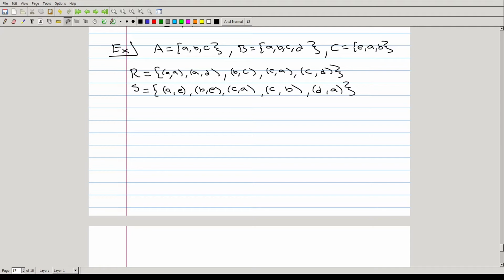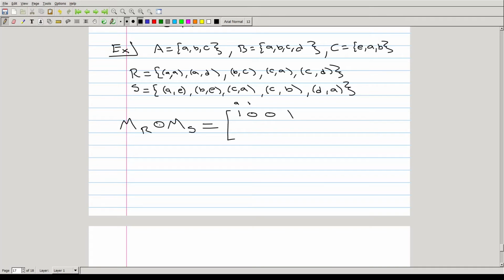If we consider the Boolean product, MR with MS, the matrix representing R, or MR with the matrix representing S, the matrix representing R is going to be 1, 0, 0, 1, because AA is in the relation.